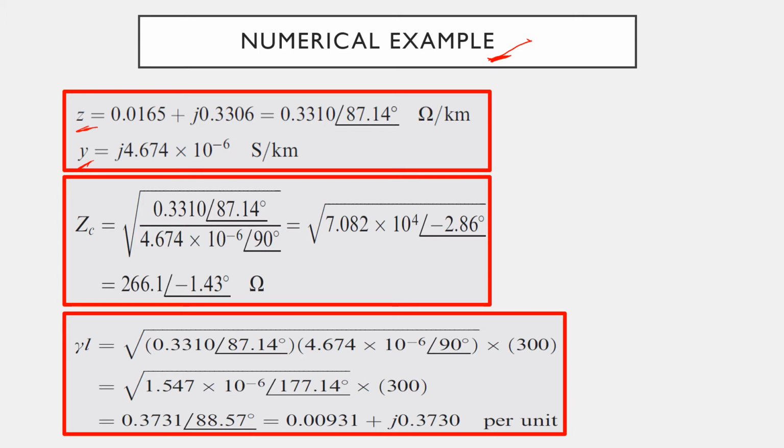Using this Z and Y, we can find ZC, the characteristic impedance. It is equal to 266.1 at the angle of minus 1.43, and gamma equal to 0.3731 at the angle of 88.57 per unit.